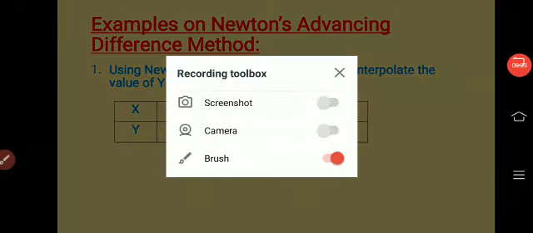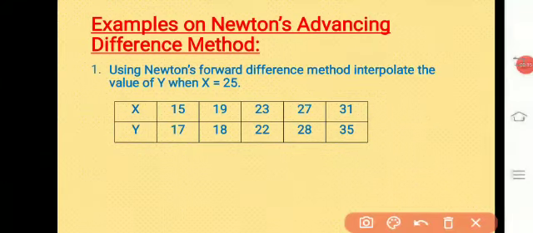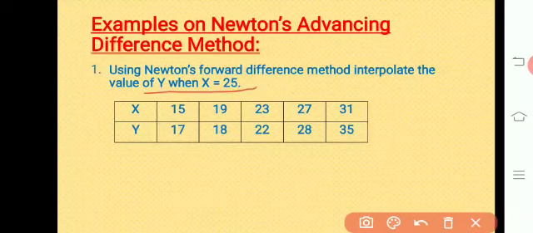Today's first question is using Newton's forward difference method, interpolate the value of y when x equal to 25. Here x and y values are given.